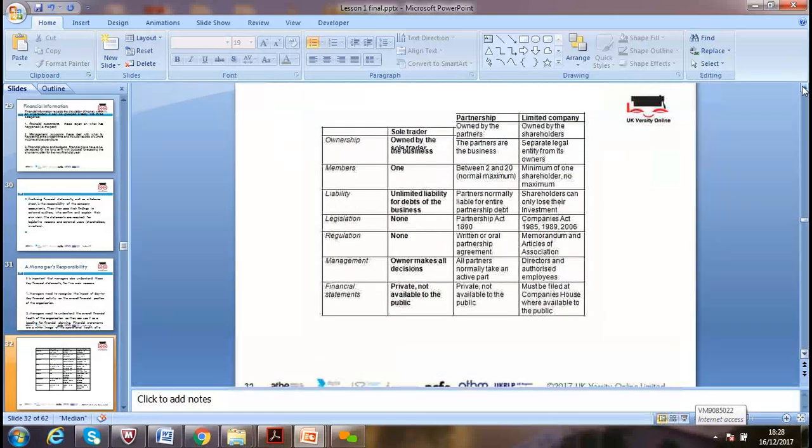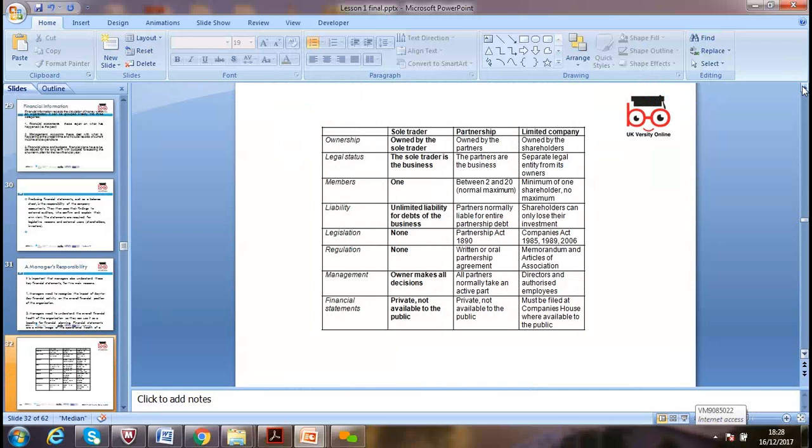Okay, next we're looking at sole trader, partnership, and limited company. What is the difference between them? The sole trader is one person and is responsible for the money if there is any loss. So is directly responsible for it, whereas the limited company can be made by one person or more people in different percentages of responsibility.